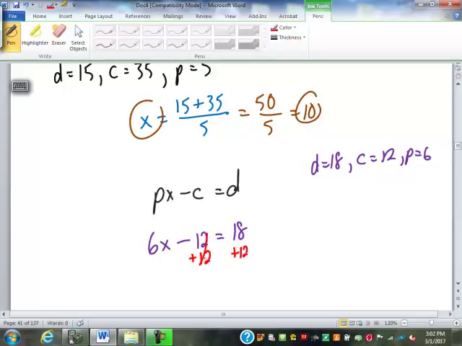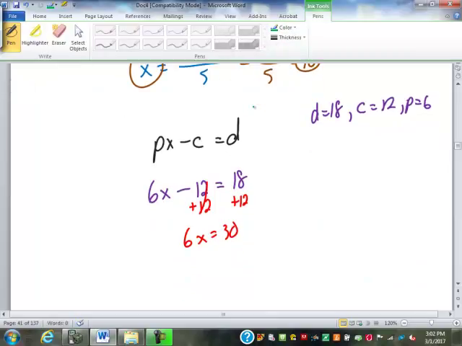We would add 12. 6x equals 30. And then what? It's 6 times x, so to get x by itself, I would divide by 6. So x equals 5, which is the same answer I got before, but this was just more work.